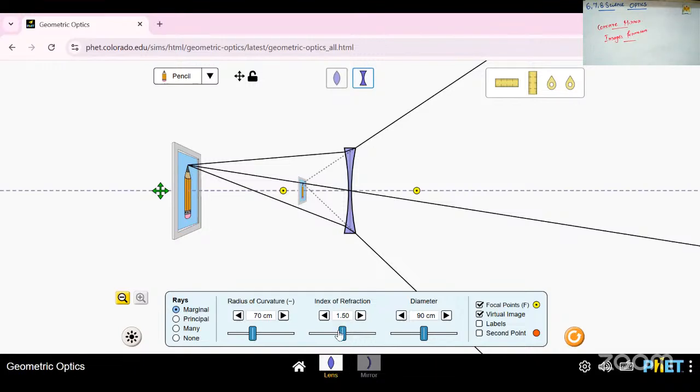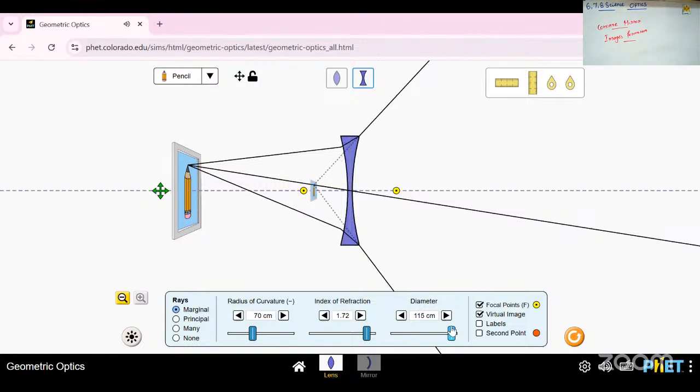The refraction also differs the same way. When the index of refraction is adjusted, the size of the image is very small. Yes, when the index of refraction is higher, in the concave lens, the size is very small. And then diameter also.